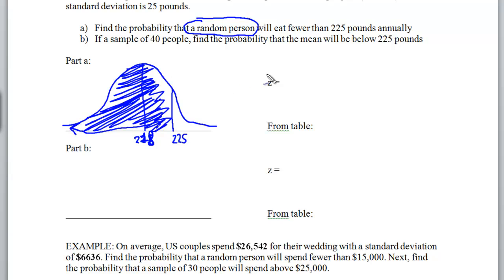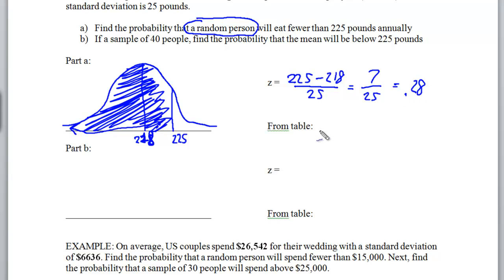And this will require us to use our normal z-score formula because we're looking at an individual person and their difference from their average divided by the standard deviation to find our z-score. That gives us an answer of 7 over 25, which is 28 hundredths.